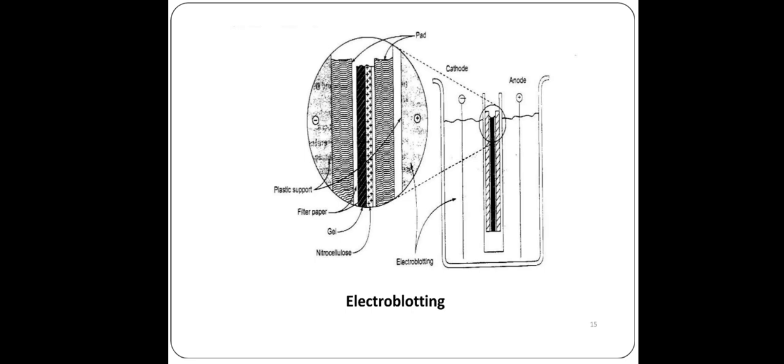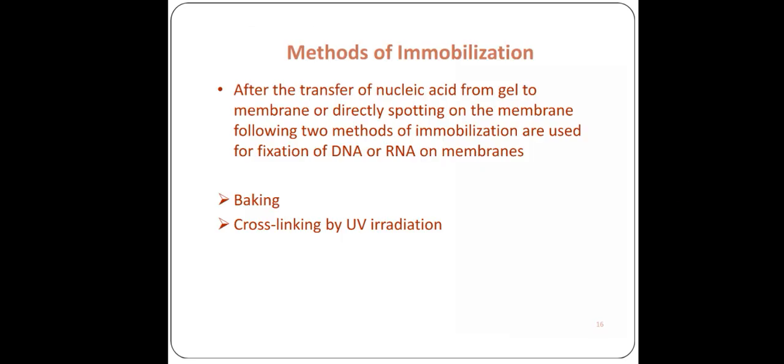The plastic supports are in a zigzag line and the pads, that is filter paper, are in the center of the gel. The nitrocellulose membrane is placed with the positive sign like this, called electroblotting.